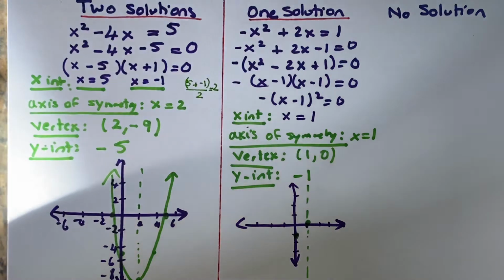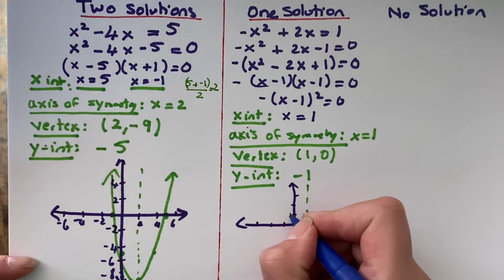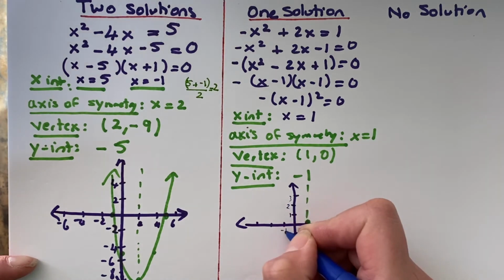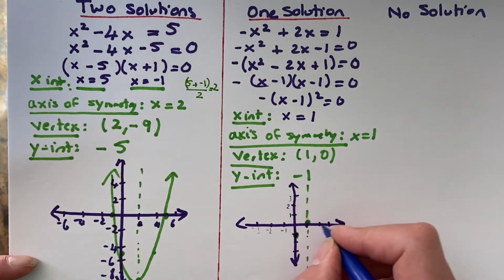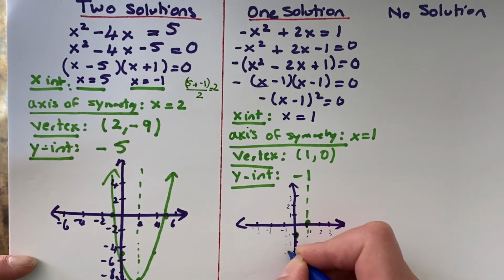This is at, let me put numbers on this. 1, 2, 3, -1, -2, -3, 1, 2, 3, -1, -2, -3.